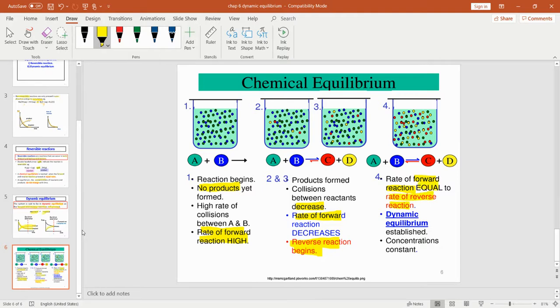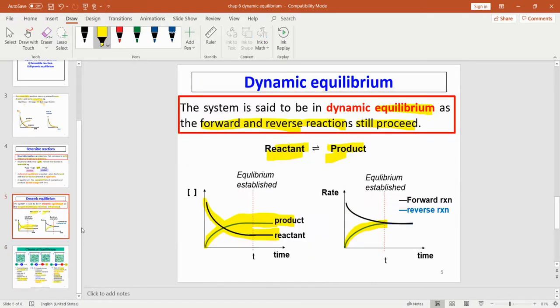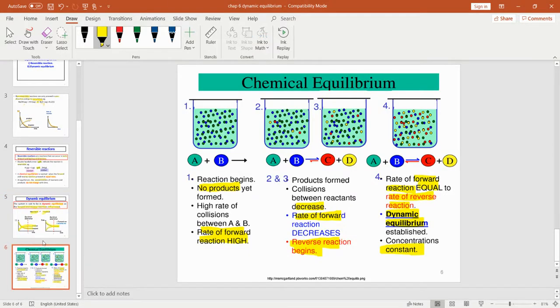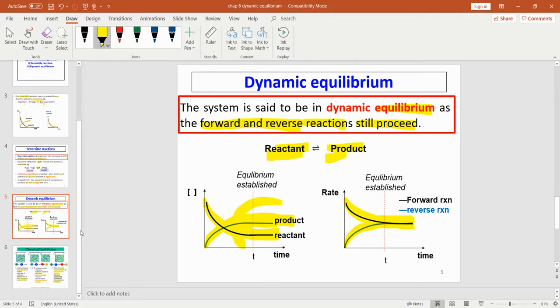At this time, dynamic equilibrium is established and concentration will be constant. You can see the rate of reverse reaction and forward reaction are the same. Concentration remains constant.